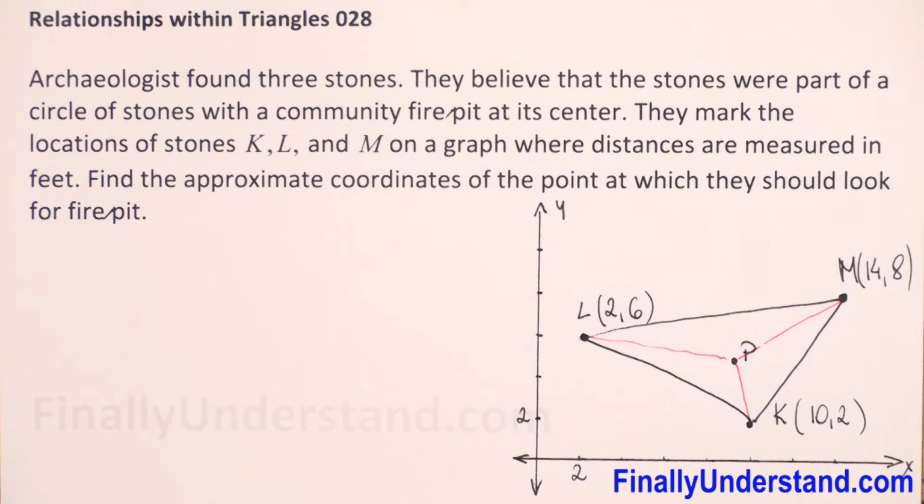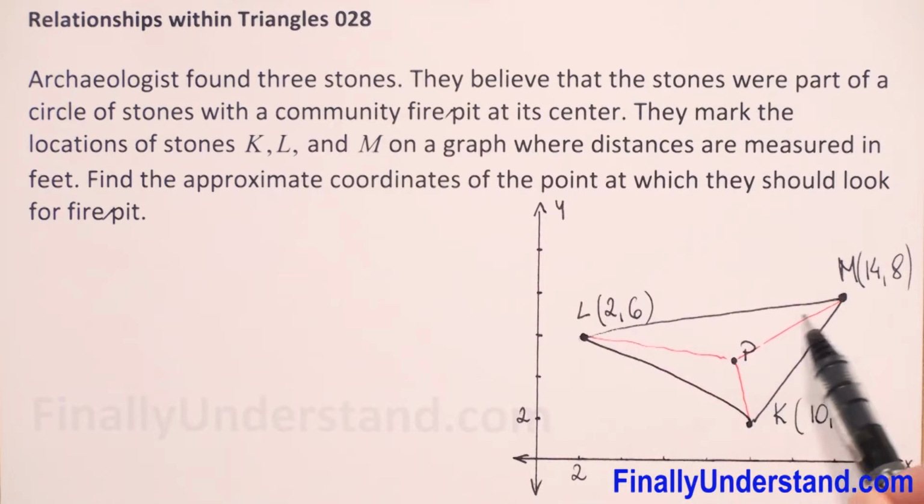So we will use the concurrency of perpendicular bisectors of a triangle theorem, which tells us that perpendicular bisectors of sides of a triangle intersect at a point that is equidistant from the vertices of the triangle. So first we need to find perpendicular bisectors of sides.